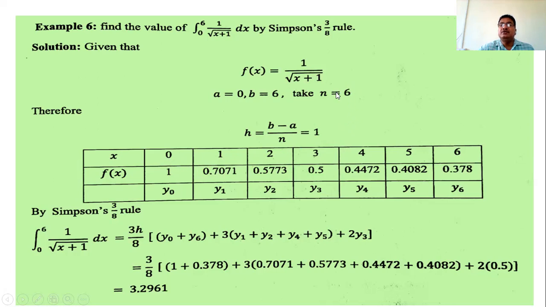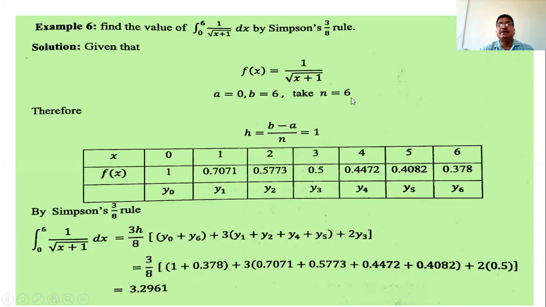If you take n equal to 18, then the values of x are 19 in number, and the calculation may be complicated. So don't take n very large or very small. Take n as 6 if you have to apply Simpson's 3/8 rule, or instead of n equal to 6, we can also try 9.